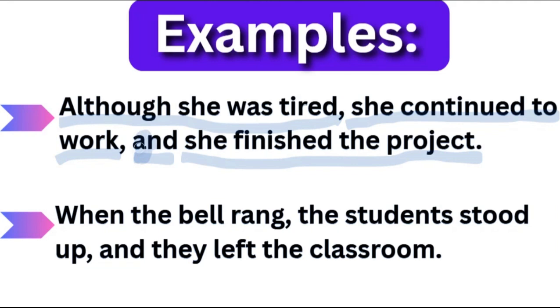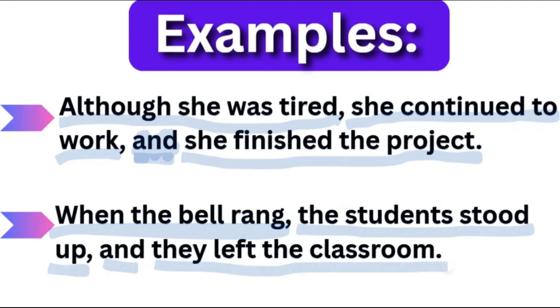When the bell rang, the students stood up and they left the classroom. In this sentence, when the bell rang is the dependent clause. The students stood up and they left the classroom are two independent clauses joined with and. Using sentences like these adds variety to your writing and helps you express more complex ideas in a clear and beautiful way.